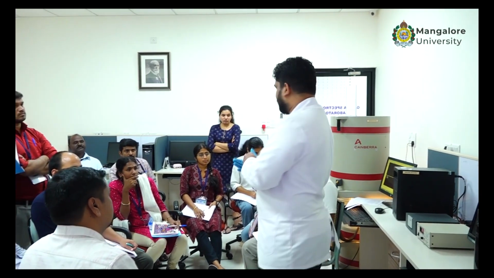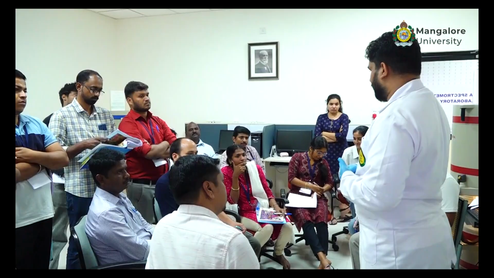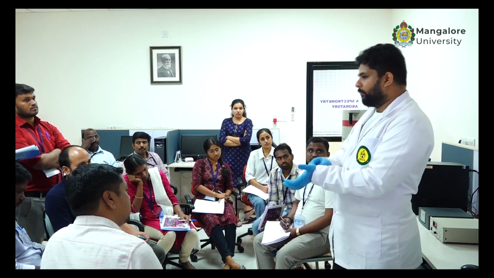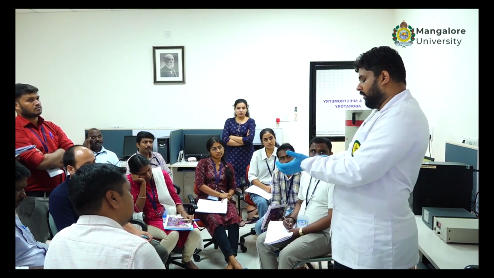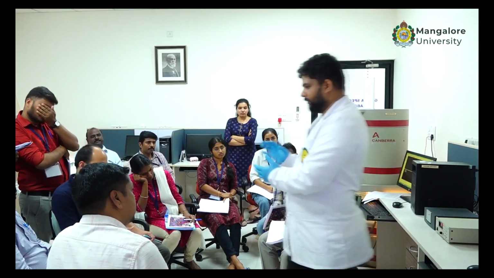Since it's already 4 o'clock, by 5:30 we can finish taking the efficiency values and plot them, and tomorrow we can take the readings for activity. After this exercise, you will be more confident analyzing samples in a high purity germanium detector and also a sodium iodide detector.